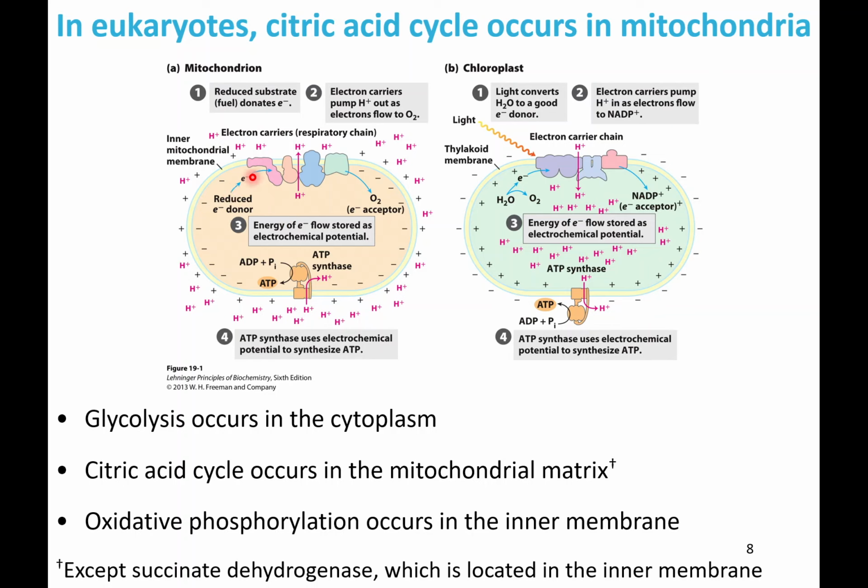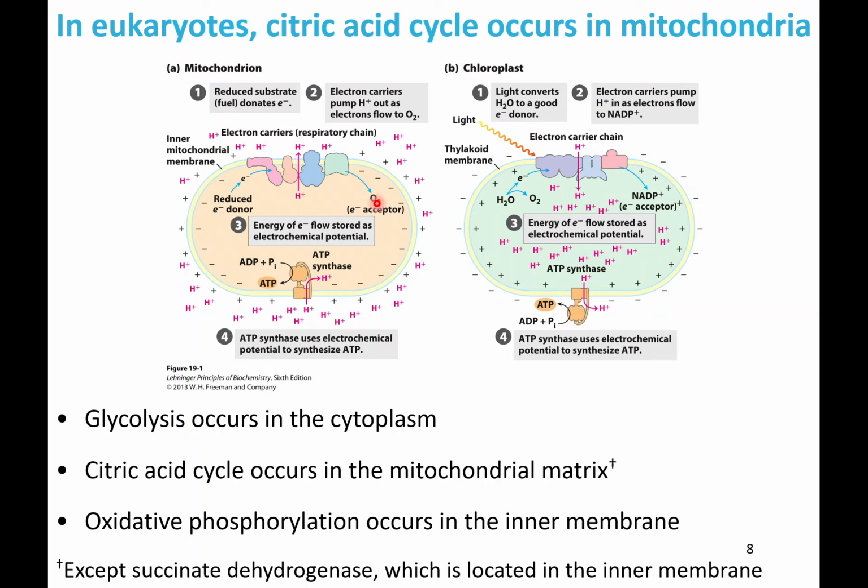You have electrons being transferred by this chain, and what that does is it helps pump protons into the intermembrane space from the matrix, and then that proton gradient is used to produce ATP as it flows back inside with its gradient, by ATP synthase, or complex 5. So this is a topic we'll cover in chapter 19.